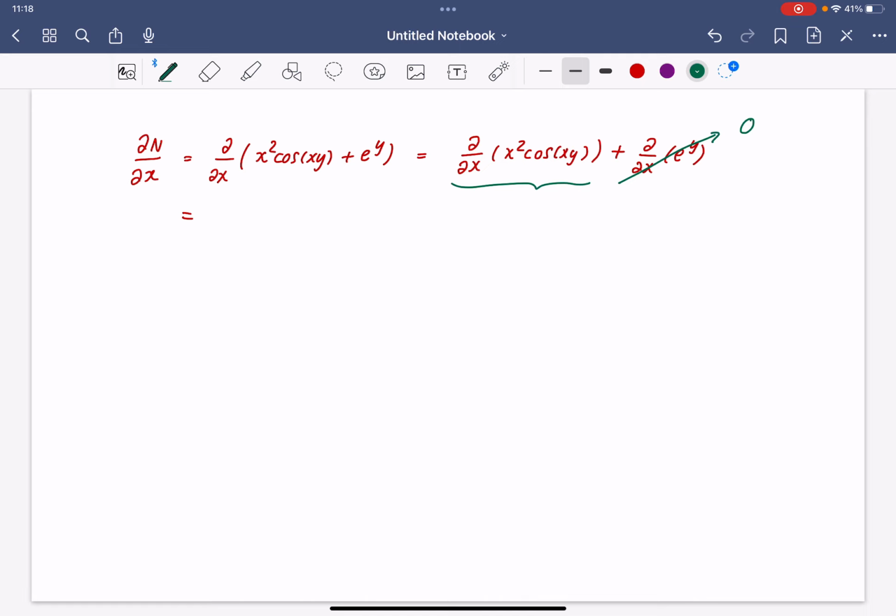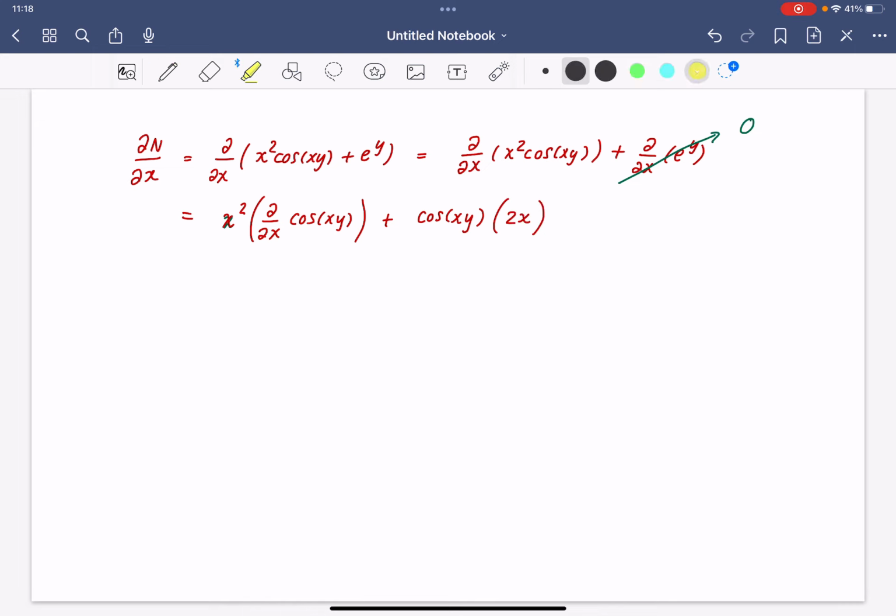Here, this is the one where you need to use the product rule. It's going to be x squared and then differentiate the second part, and then plus the second part, differentiate x squared, which is 2x. Makes sense?